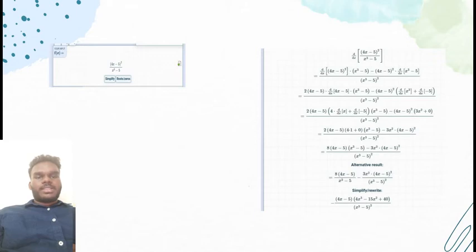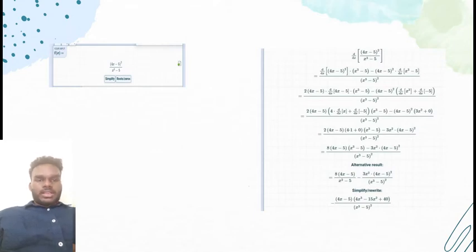The next step is (4x minus 5)(x power of 3 minus 5) minus 3x power of 2 times (4x minus 5) power of 2 divided by (x power of 3 minus 5) power of 2.